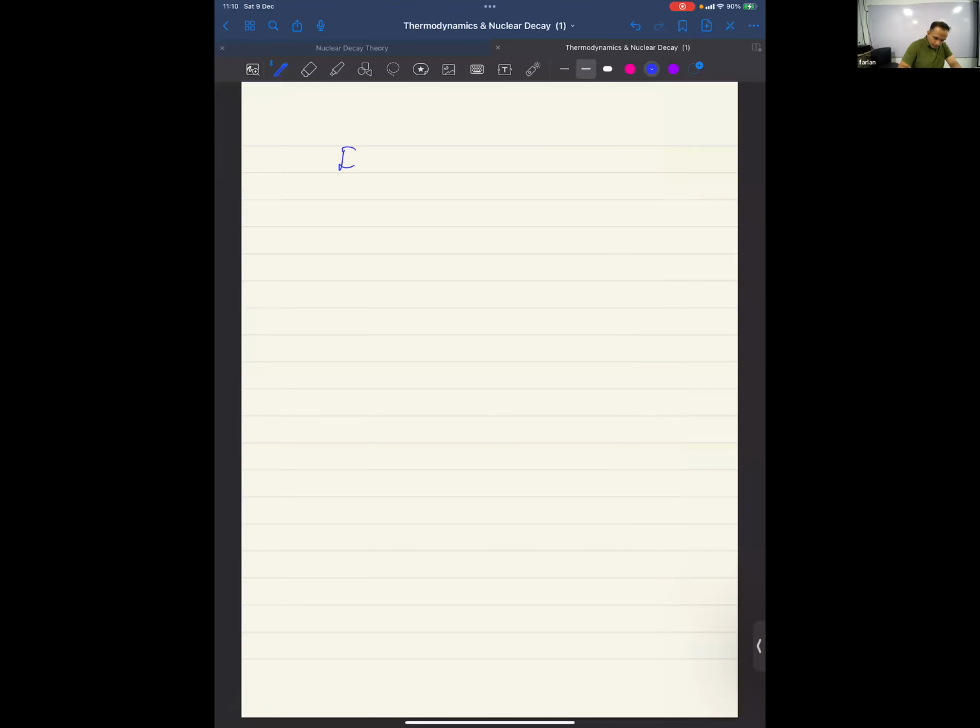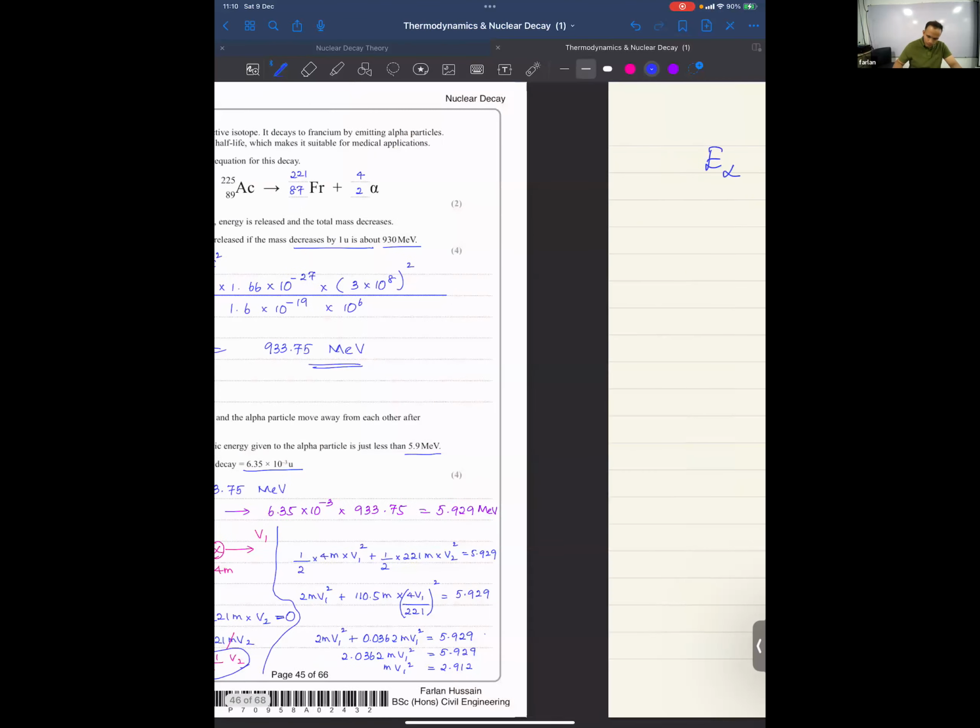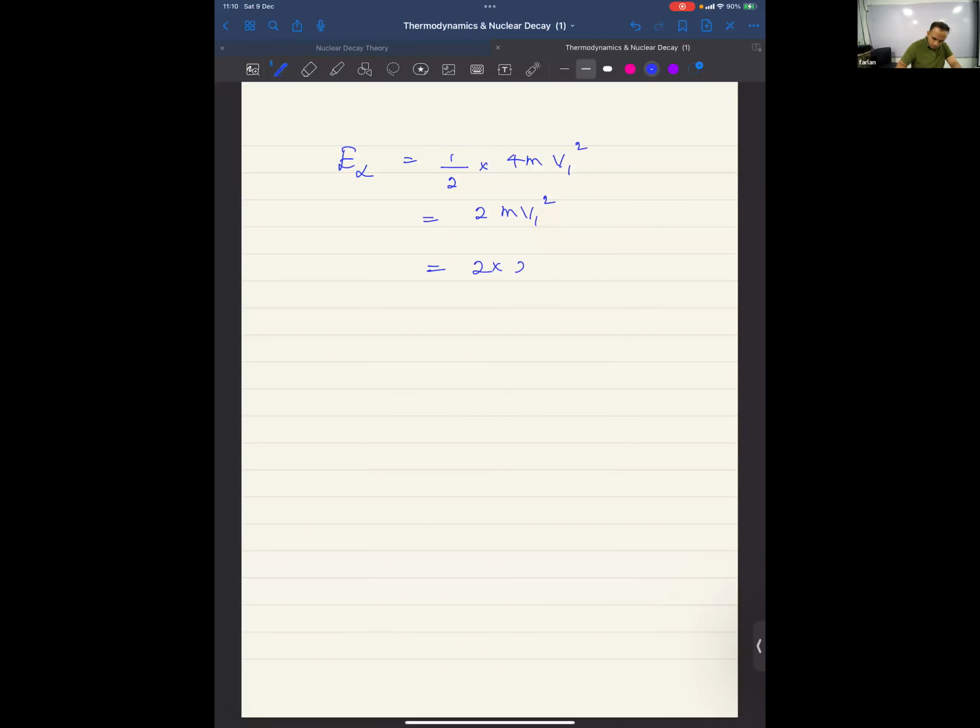So what is the kinetic energy of the alpha particle? Half into 4m V1 square, which is 2mV1 square, which is 2 into 2.912, which is 5.82 mega electron volts. So the kinetic energy of the alpha particle is 5.82, little less than 5.9.